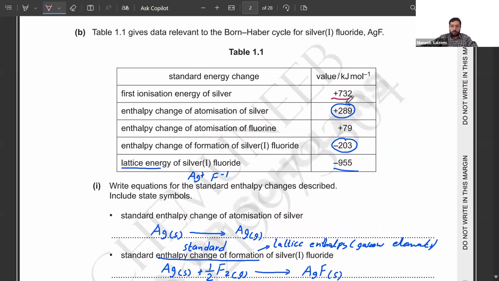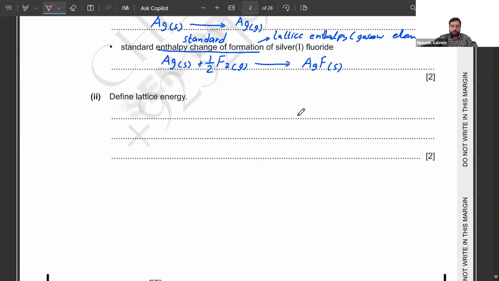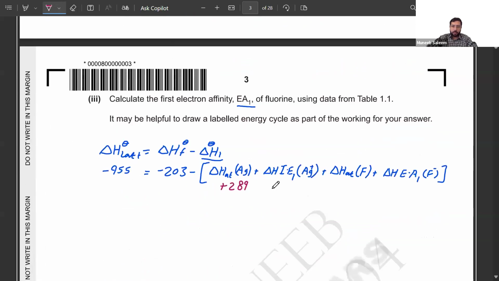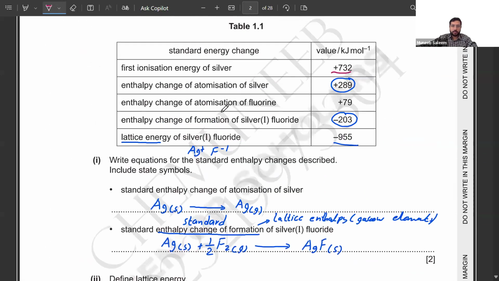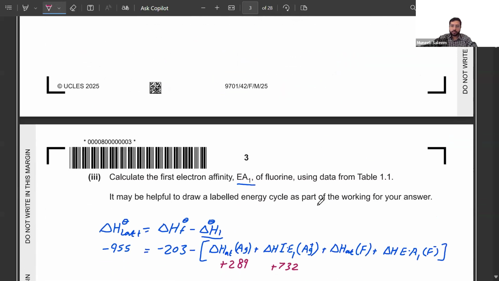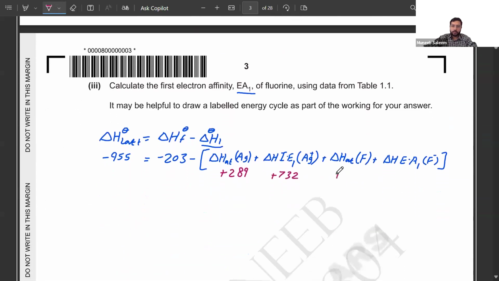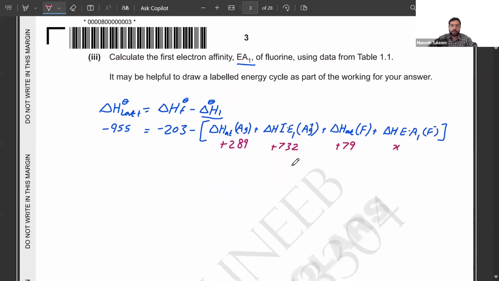That is plus 732, and then atomization of fluorine is also given in the table, plus 79. But this one is not given, so I'm just going to write X over here.